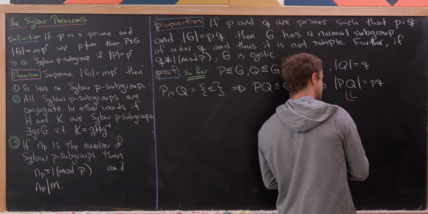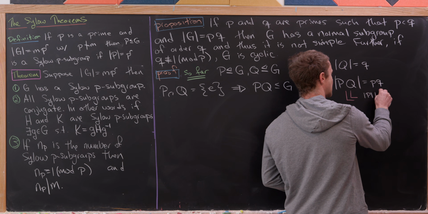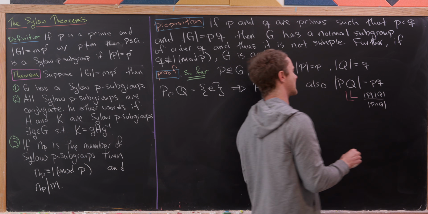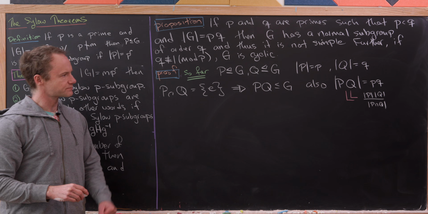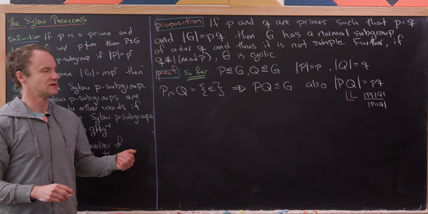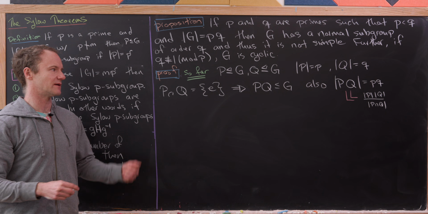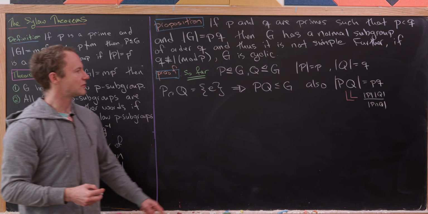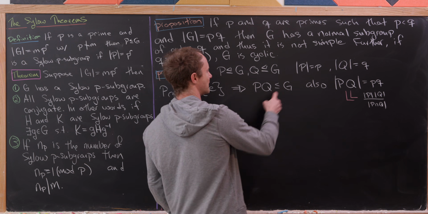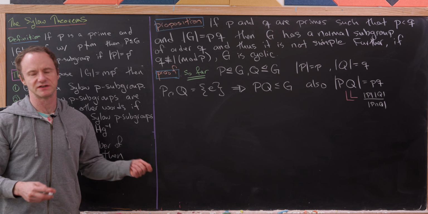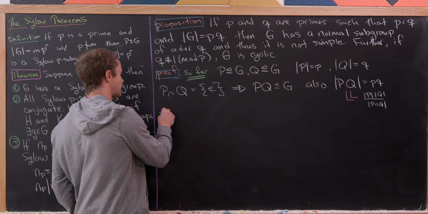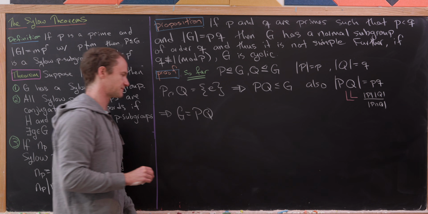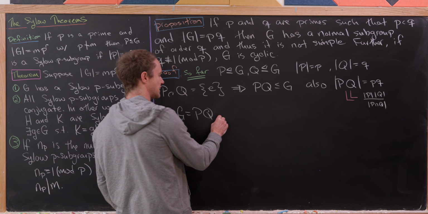So this is in fact equal to the order of P times the order of Q over the order of the intersection of P and Q. That's kind of a standard result. But that intersection is just the identity element, so that's 1, so that means that we get that result pretty quickly. But now notice that means that we've got a subgroup of G that has the same number of elements as G, but that means that G is in fact equal to this product of subgroups. And next we'll show that these are abelian.